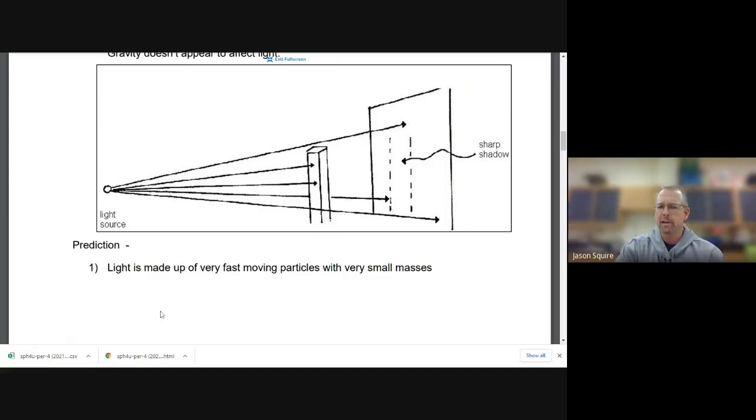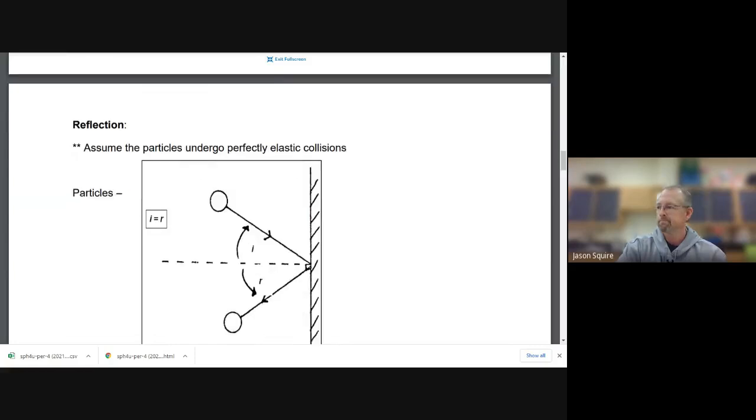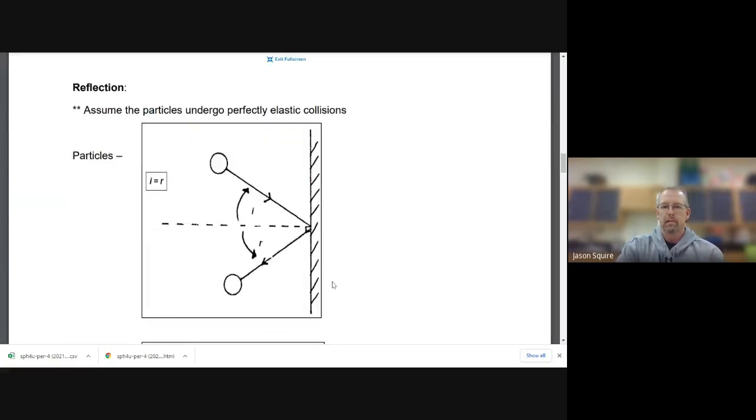So now we've got light being made of very fast, small moving particles. Okay, so again, go back to your pool table and take one of your pool balls or billiard balls and push it towards the side of the pool table, and it'll bounce off in a very specific way.